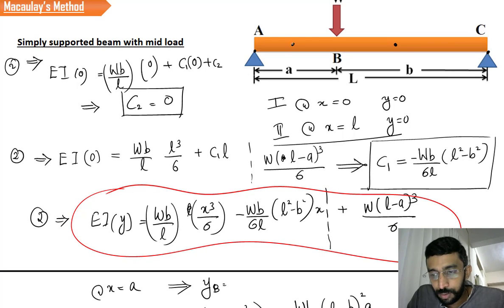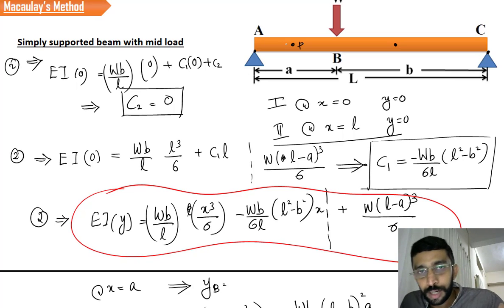Suppose they ask you to find the value at say P, which is lying between A and B, then we will choose only the first block and substitute the value of x equal to that particular location. It's easy for you to solve. There is no need to learn anything by heart. Only thing is that you should be expert in deriving this equation.